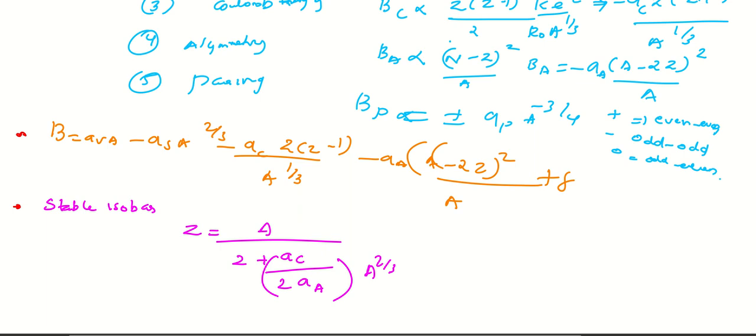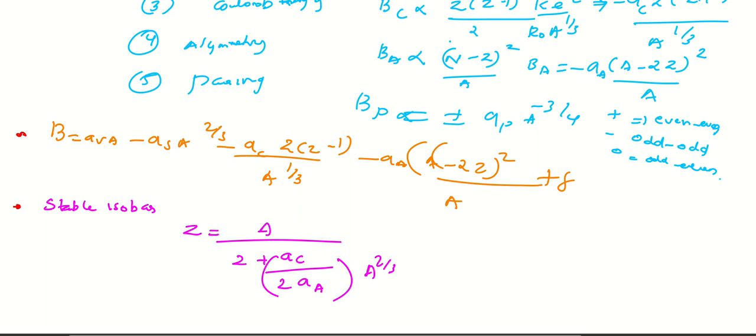These are the constants for the Coulombic term and the asymmetric term. So Z is equal to A divided by 2 into Ac divided by 2 into A raised to 2 by 3.